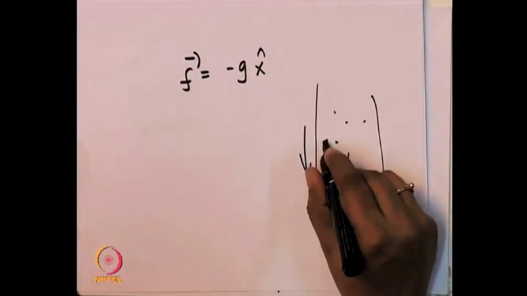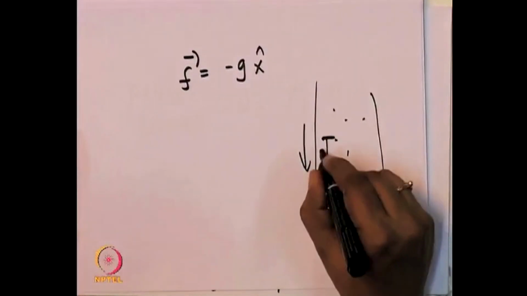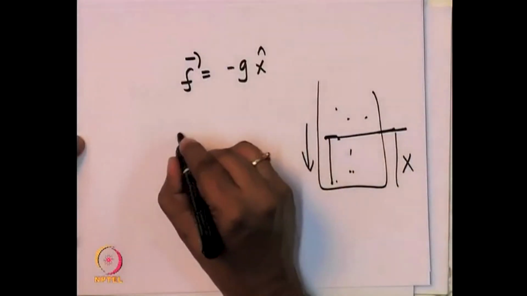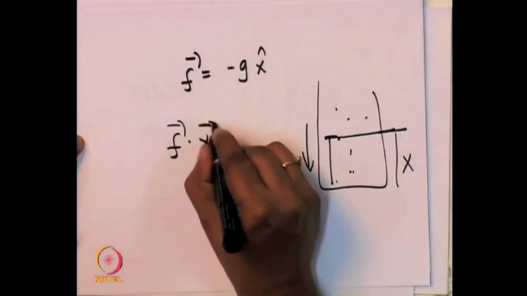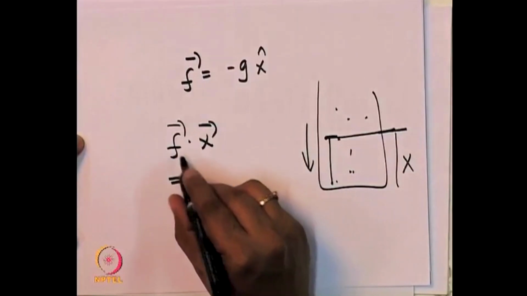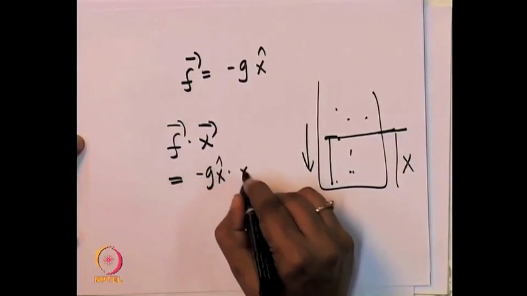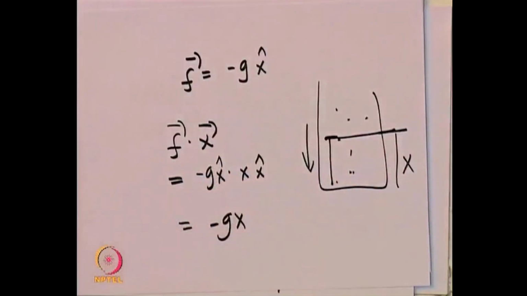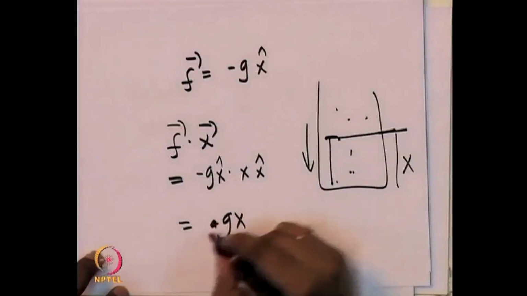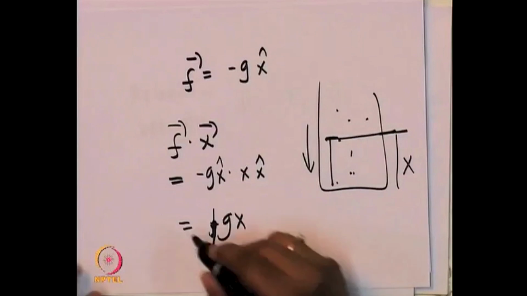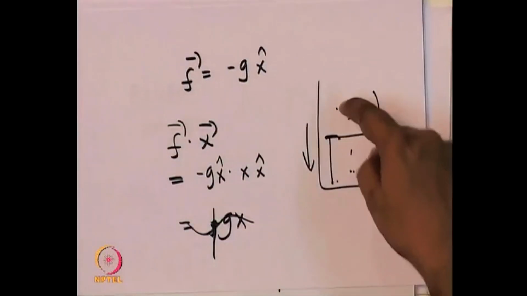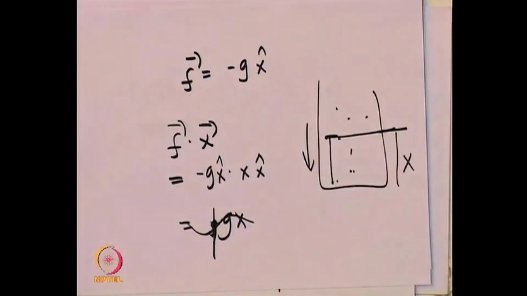If a particle wants to reach a distance x from the bottom, it has to spend an energy F dot x, which is minus G x cap dot x, so this is minus Gx. So it has to spend this much energy, so it is not favorable. The magnitude of the energy is Gx, so it is not favorable to go up here because the force is in this way, so it has to spend an energy.